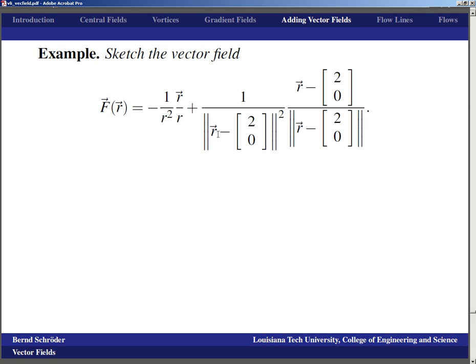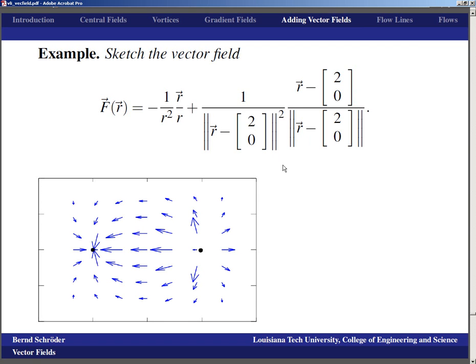Well, that is basically something that looks like the electric field of a negative point charge at the origin plus a positive point charge at the point (2, 0). And that's something that I would want us to certainly work out with a computer.